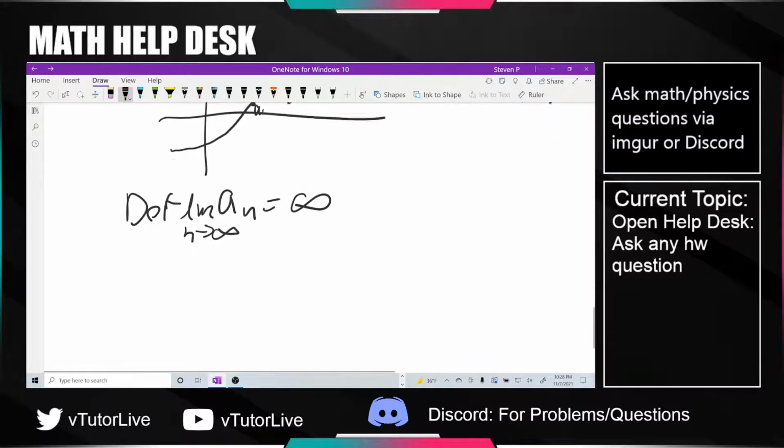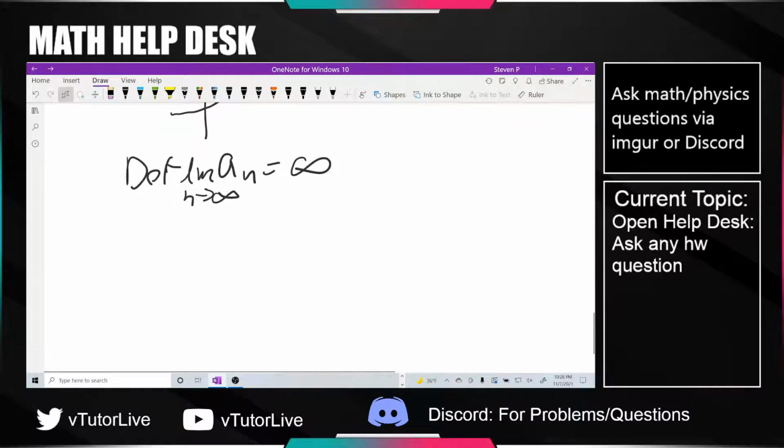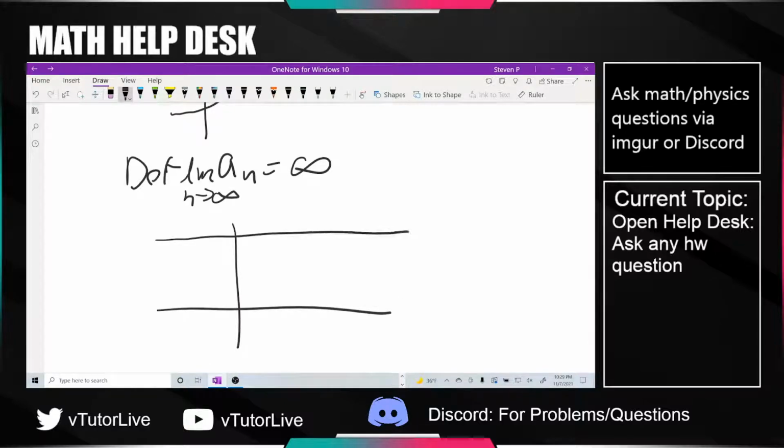The way to make this rigorous is, here's a graph, and you give me any positive number m. If there exists some capital N such that every element of the sequence beyond it is greater than m, then it goes to infinity.